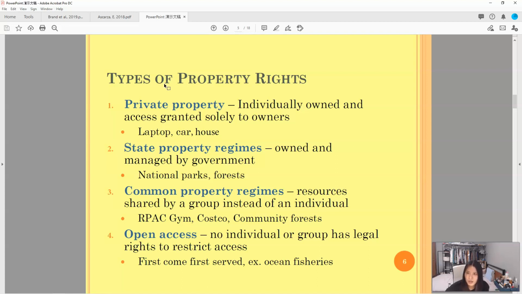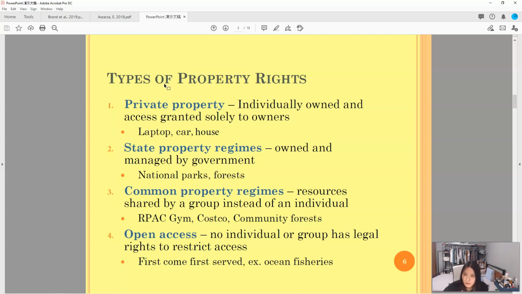The third one is common property regions, that is, resources shared by a group instead of an individual, like our APEC dream, the Costco, the community club, the community park, the community forest.